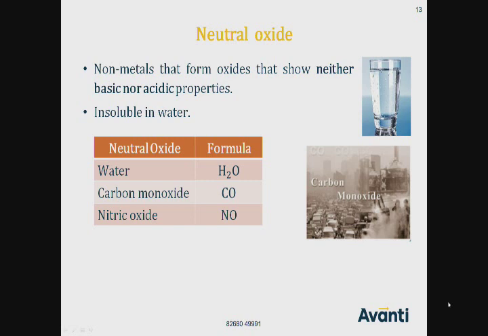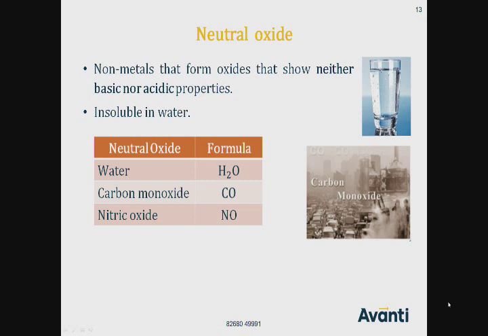Copied. Yes, these two are poisonous, especially carbon monoxide.